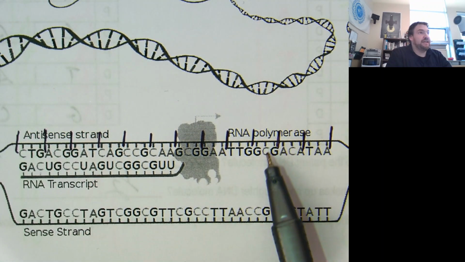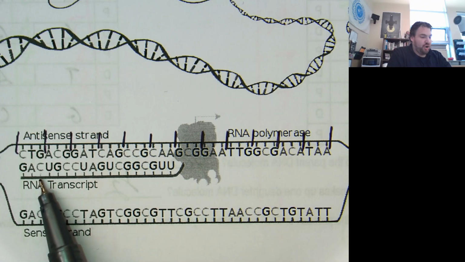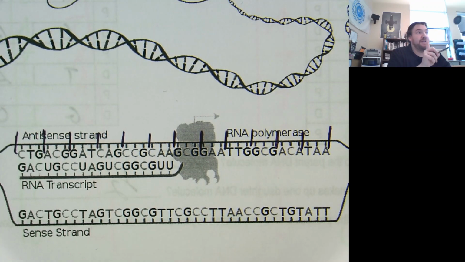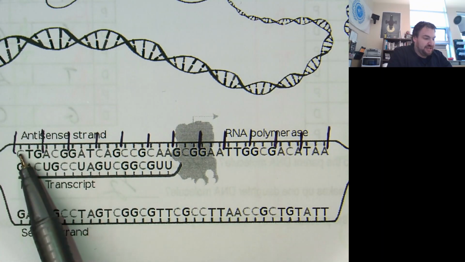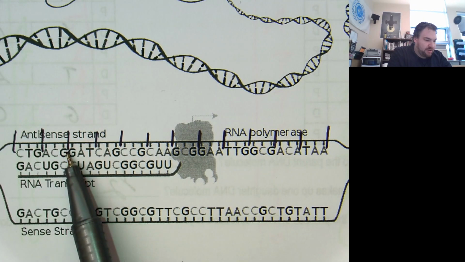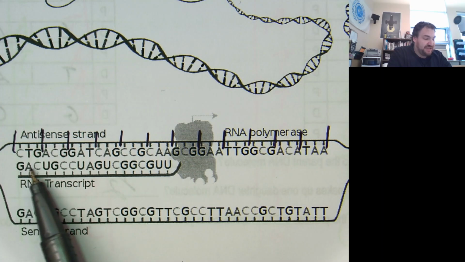Each one of these 3-letter chunks codes for a different kind of amino acid. RNA transcribes, where everywhere there should have been a thymine, uracil goes in instead. So you can see here, it goes CTG, ACG. In the RNA, it goes GAC, that's good.